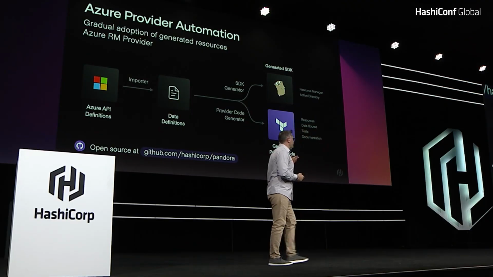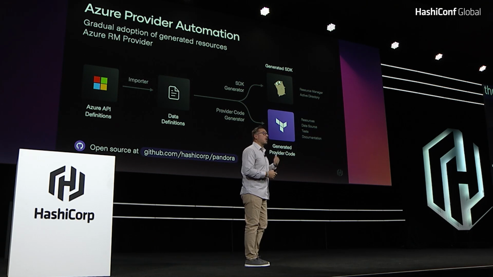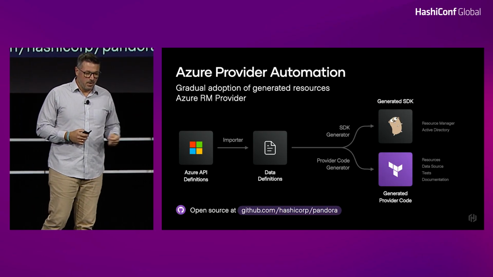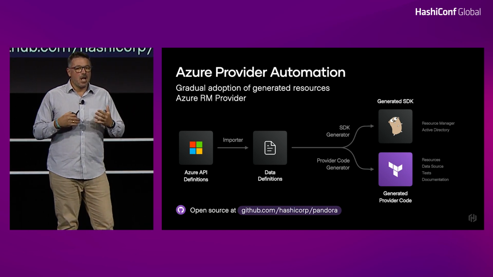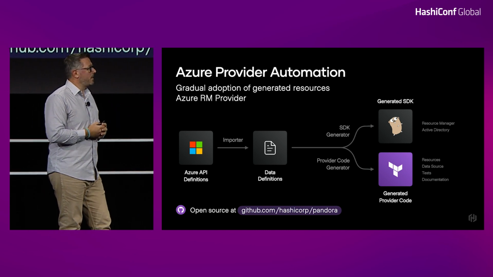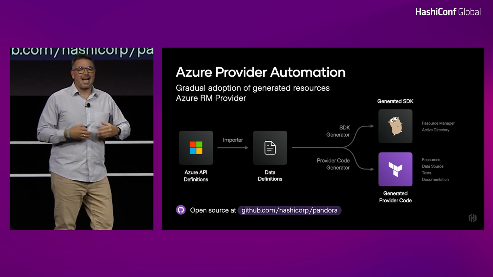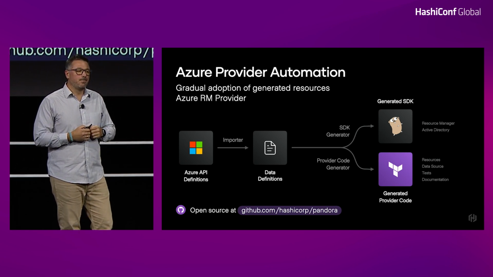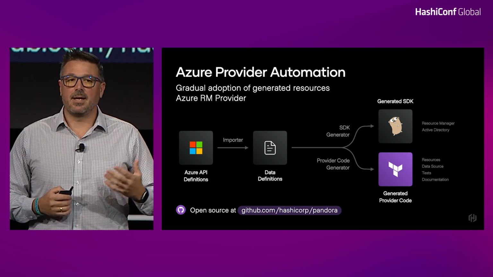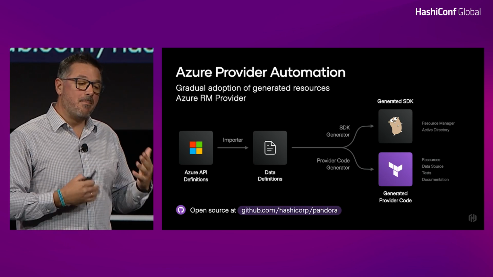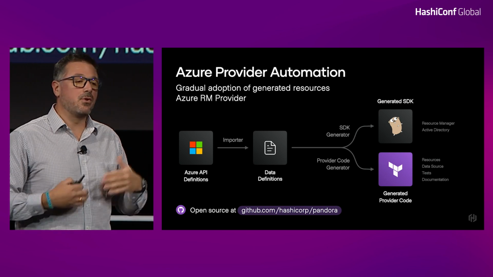What we're going to generate, essentially, is an SDK that can be used for a number of things, not only for provider development, but also we can actually generate provider code. And what's important about this is that the feedback we've had has been that it would be nice to have new resources available as soon as they're available in the public clouds, right? So this just accelerates that and removes a lot of the manual effort of doing that. So now we can do that much quicker.